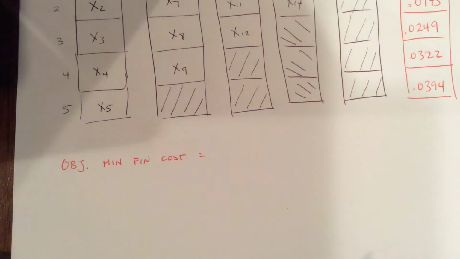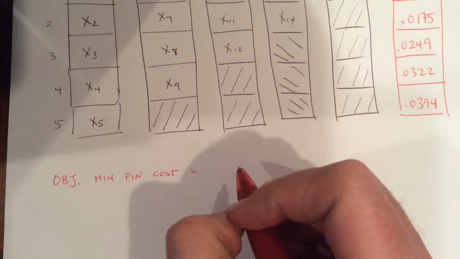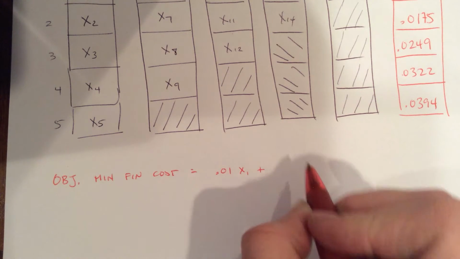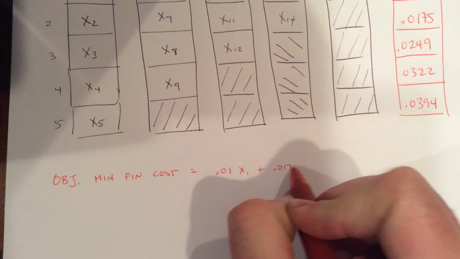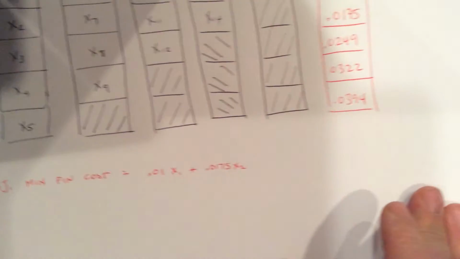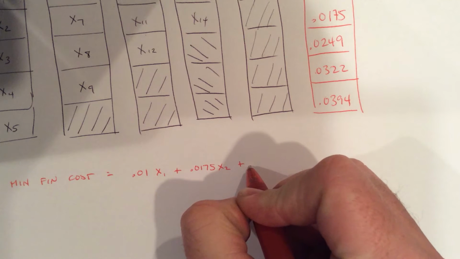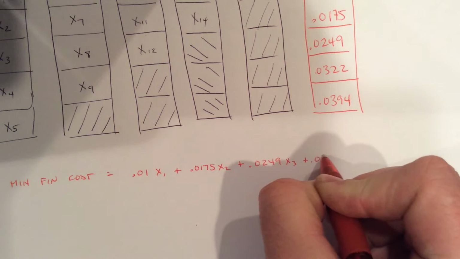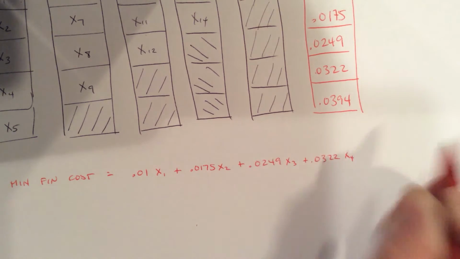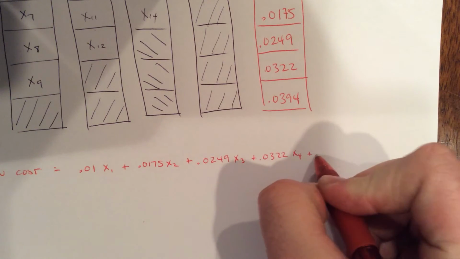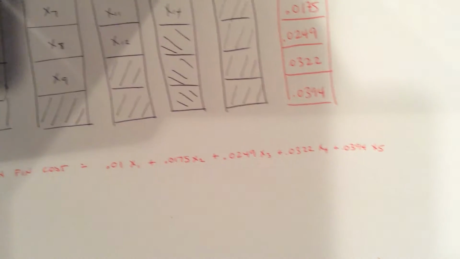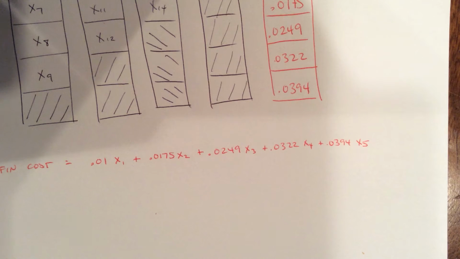All right, so the objective function to minimize my financing cost is going to be 0.01 times x1 plus 0.0175 times x2 plus 0.0249 times x3 plus 0.0322 times x4 plus 0.0394 times x5. Okay, so that's the financing cost of taking out loans the first month.